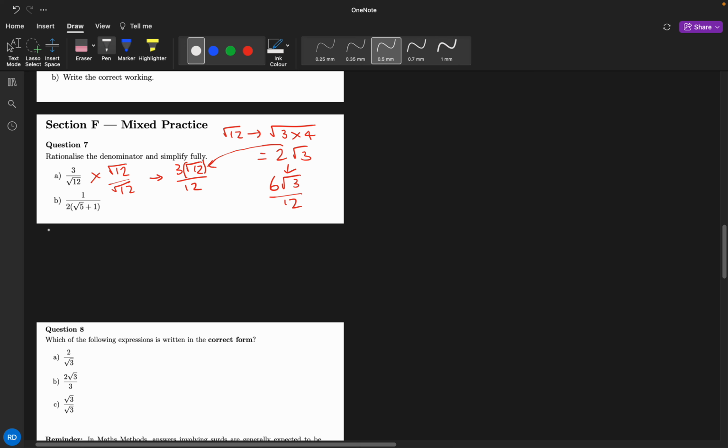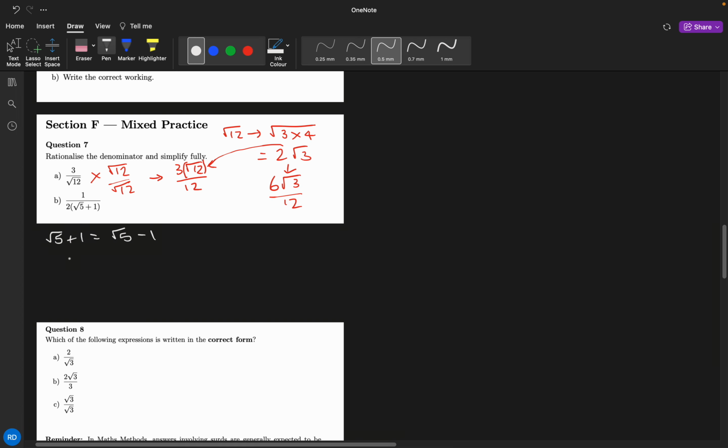This is where we're using the conjugate again. And like I was saying before with the coefficients, I would just pretend it's not there for now. It's just way easier. So conjugate of root 5 plus 1 is root 5 minus 1.